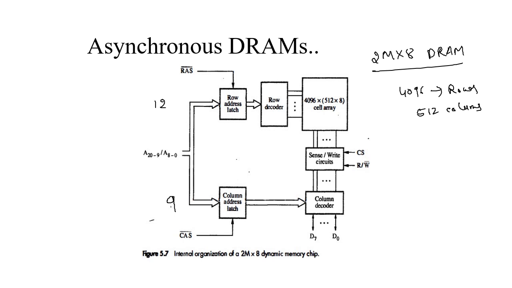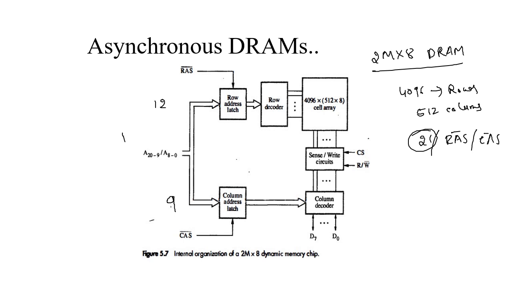So here, if we have separate bus lines for the row address and the column address, we may need 21 address lines, other than RAS and CAS. So in order to reduce this, the pins are multiplexed.